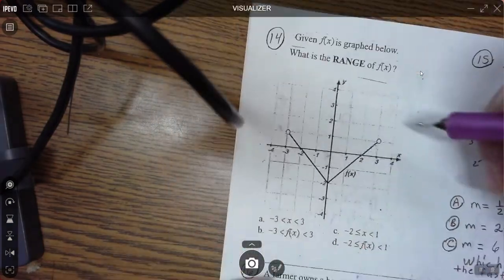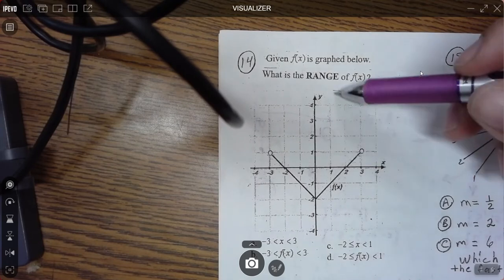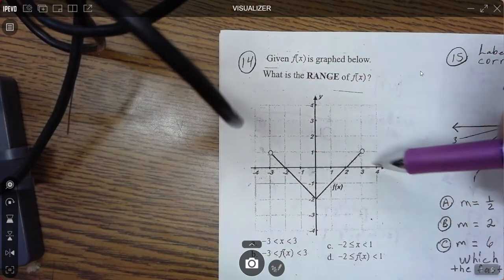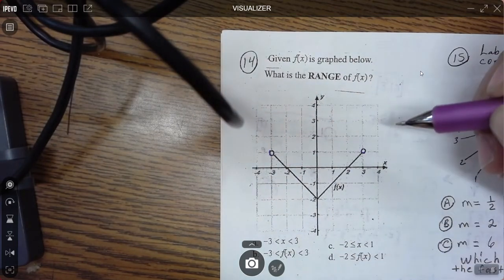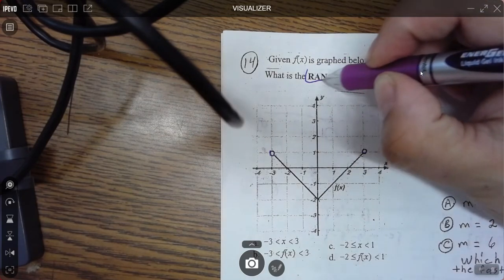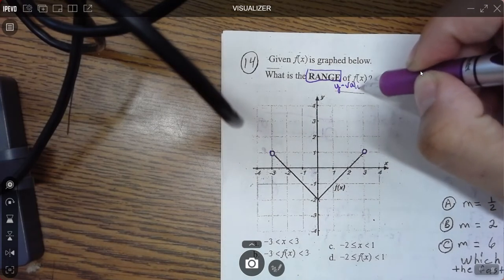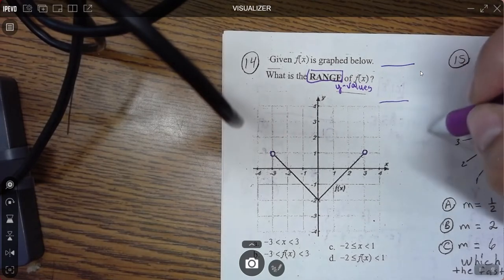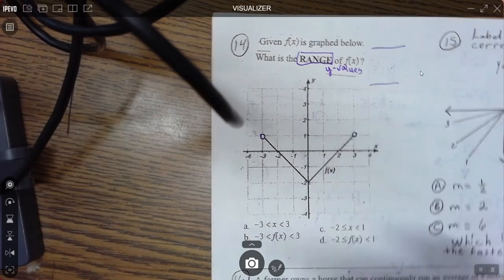All right. F of x is graphed below. What is the range of the function? So I see the y-axis, x-axis, and it looks like this is open circles. That's at -2. So we're looking for range, and range is your y values. So we're going to be looking for horizontal lines. All right, and the lowest horizontal line is here, right?